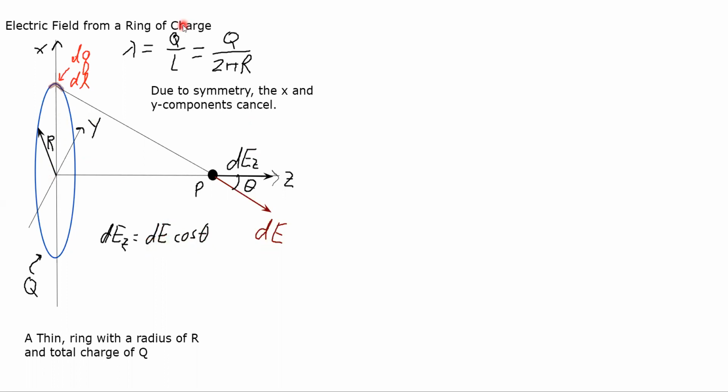What is dE? We start off the same way we did with the rod, which is use Coulomb's law. Now, don't get confused with lowercase r and uppercase R. Lowercase r here is the distance from dq to your point of interest.